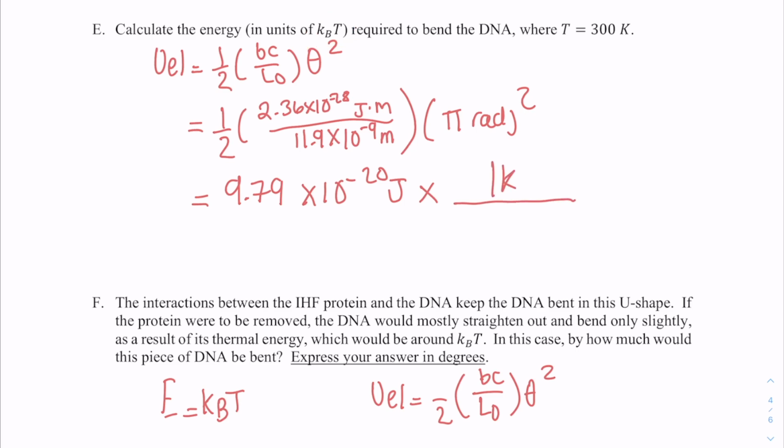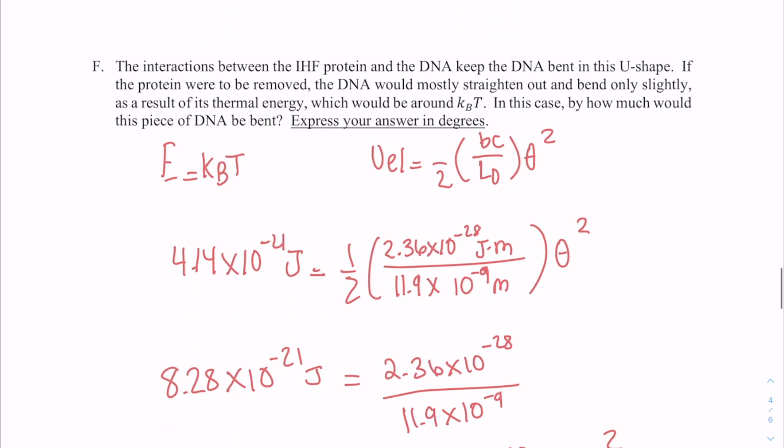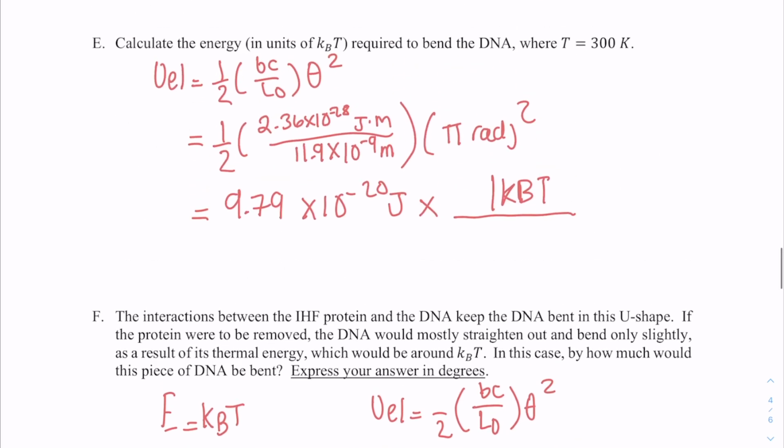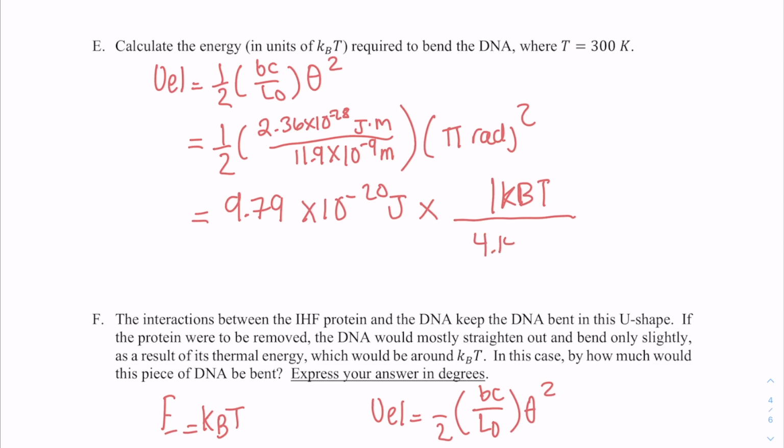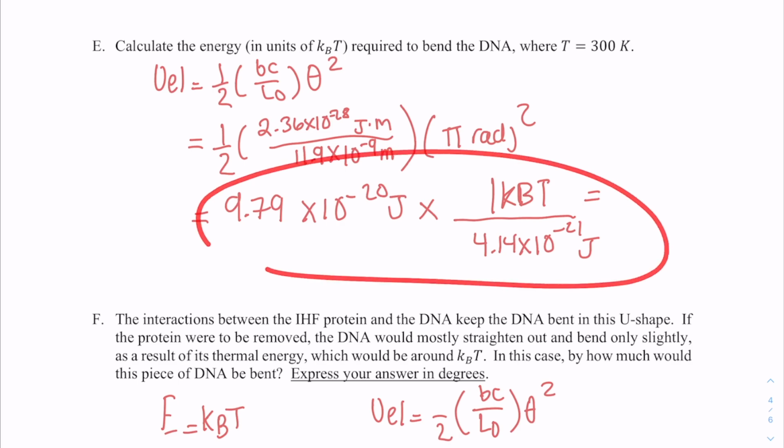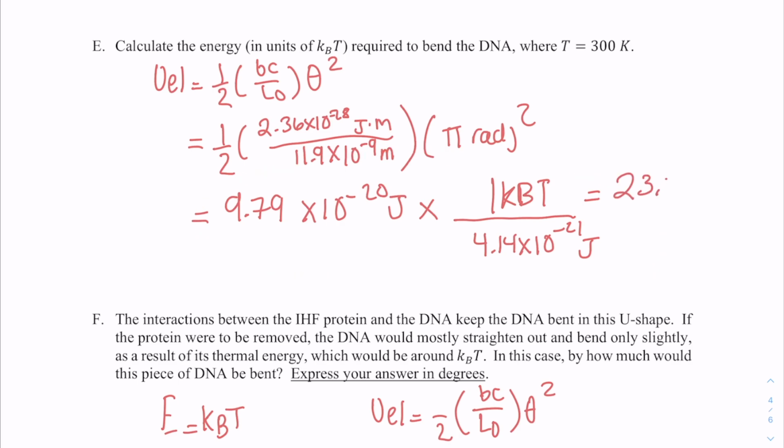We figured that out in part F: Boltzmann's constant, 1.38 times 10 to the negative 23 joules per Kelvin, multiplied by 300 Kelvin, gives 4.14 times 10 to the negative 21 joules. If you divide these two values, you should get around 23.64. So it's 23.64 KBTs, or KBT units, essentially. That's what the problem is asking for.